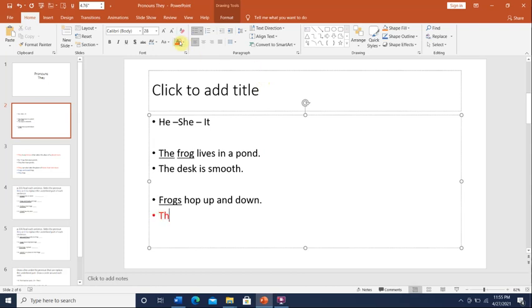So the frogs will be replaced with the pronoun they. I can say frogs hop up and down, or I can say they hop up and down. Also the desk, if it's the desk plural, I will also replace it with they. Okay, so if a thing is more than one or plural, I will replace it with the pronoun they.